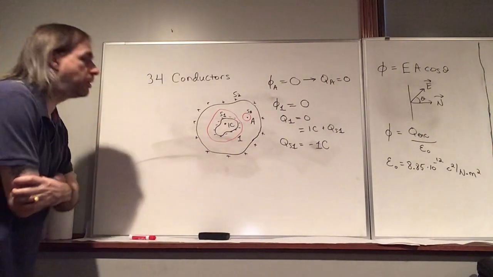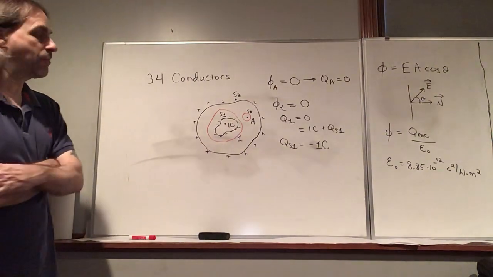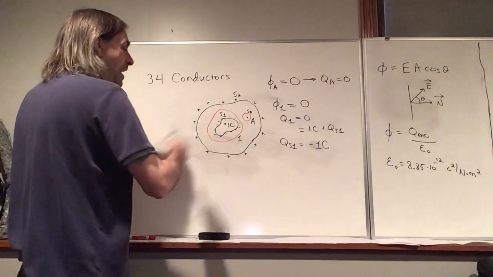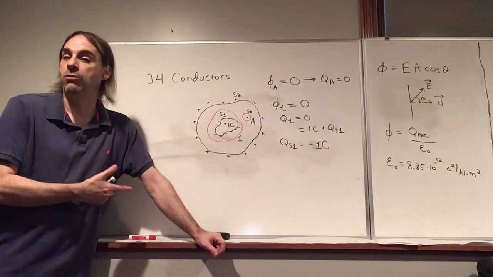Now, how it actually distributes, it's fairly complicated, and we're not really going to get into that. I will just say this, it depends on what the surface of the cavity actually looks like.